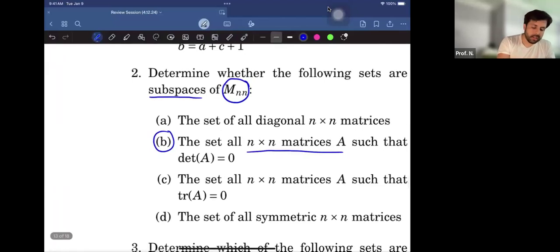So is the zero matrix in this set? How would we write that? Some people write it this way. The zero matrix is the n by n matrix that has zeros in all the rows and all the columns. What's the determinant of such a matrix? What's the determinant of a zero matrix?